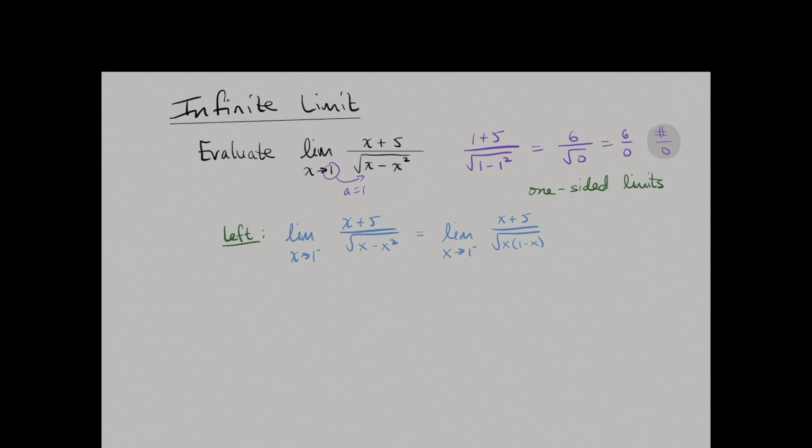And now if I stick in the 1 minus, in the top I'm going to get a 6 minus. And in the bottom, I'm going to get something that looks like the square root of 1 minus times the square root of 1 minus 1 minus. Now, 1 minus is a little bit less than 1.